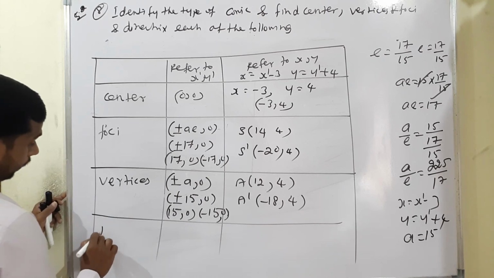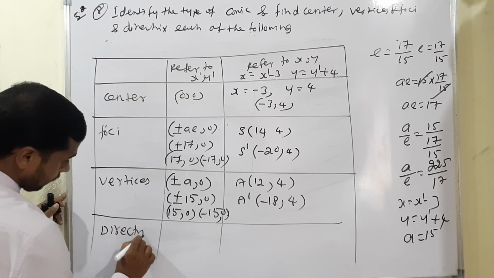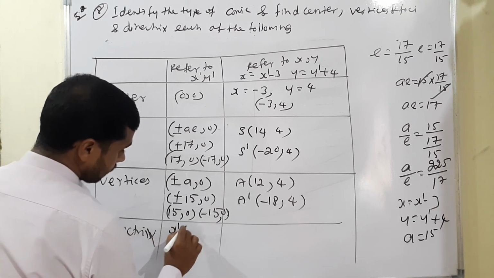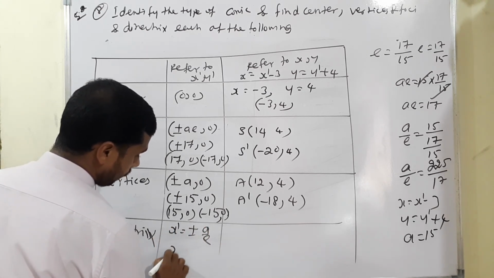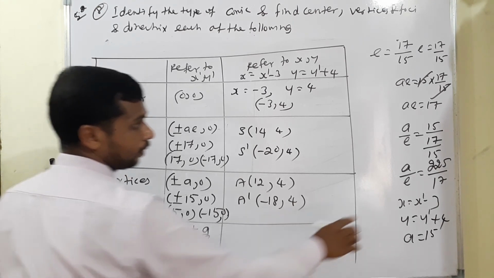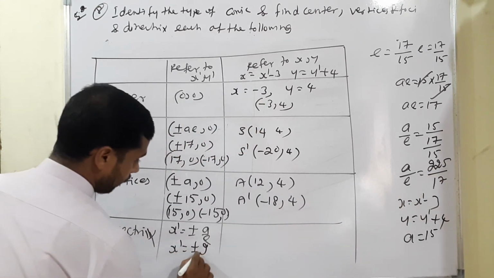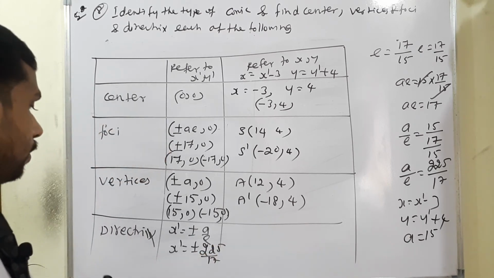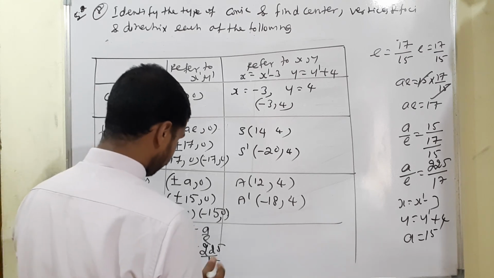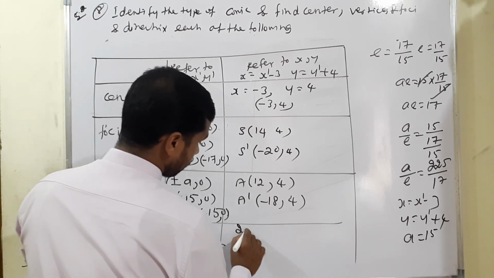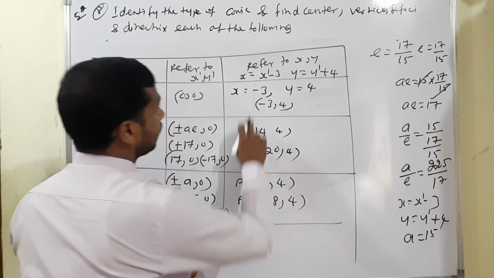The last one, the directrices. X dash is equal to plus or minus a by e. Therefore x dash is equal to plus or minus 225 by 17. First, positive 225 by 17, then x is x dash minus 3, so 225 by 17 minus 3.